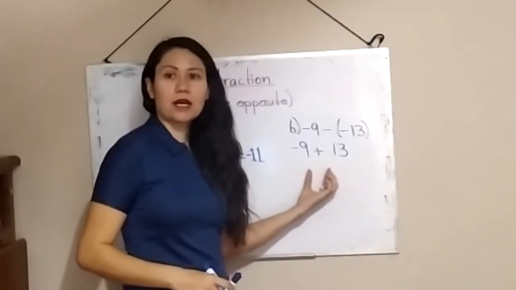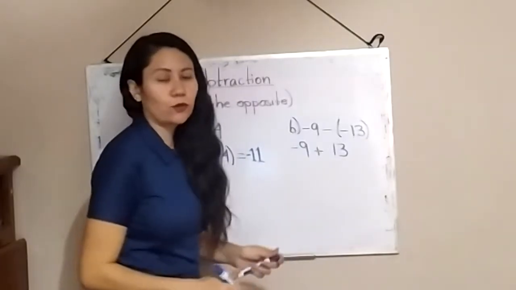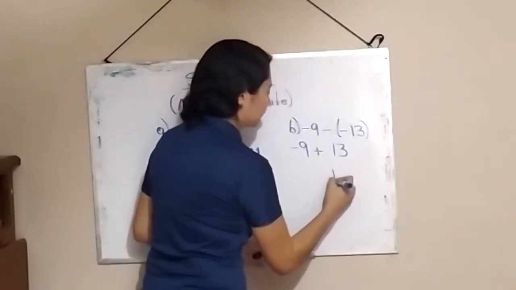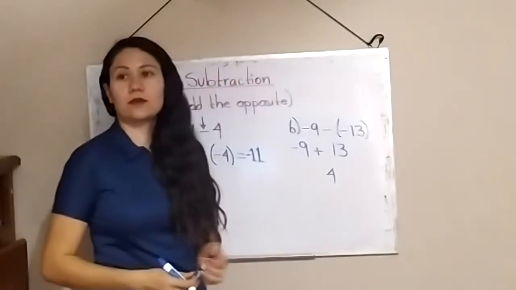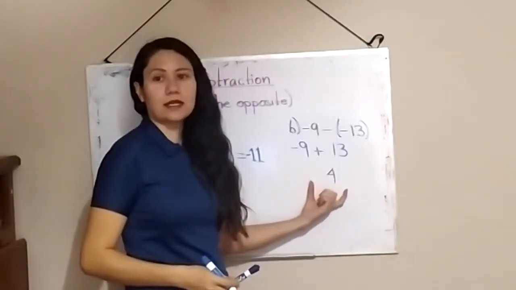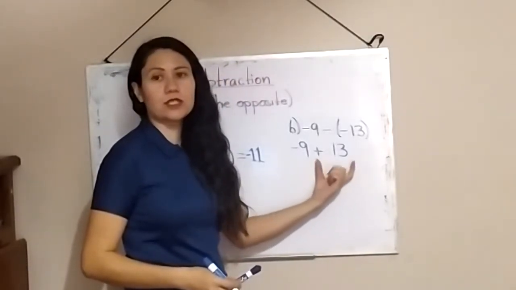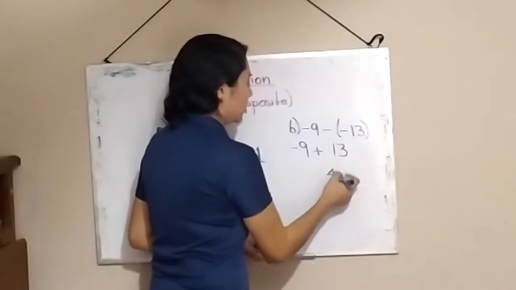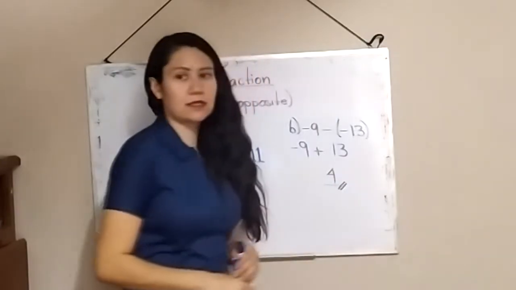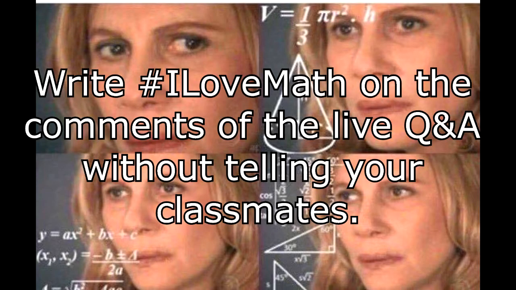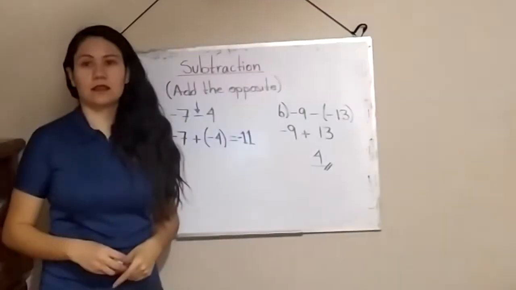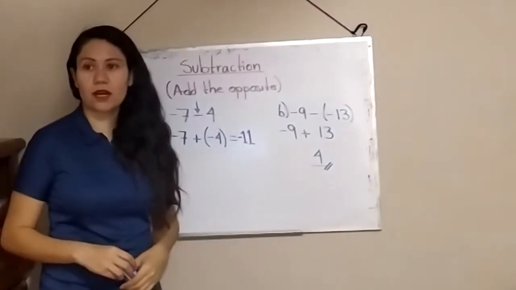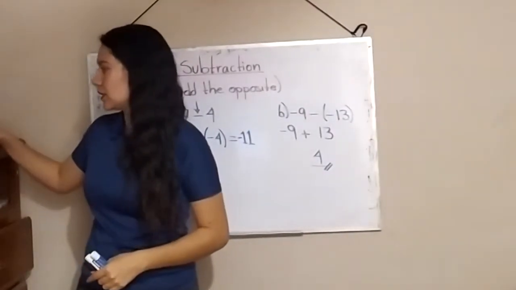We are going to subtract 9 from 13, which is equal to 4. And we are going to take the sign of the greater absolute value, which is 13, and it's positive. So we have +4 as the result.